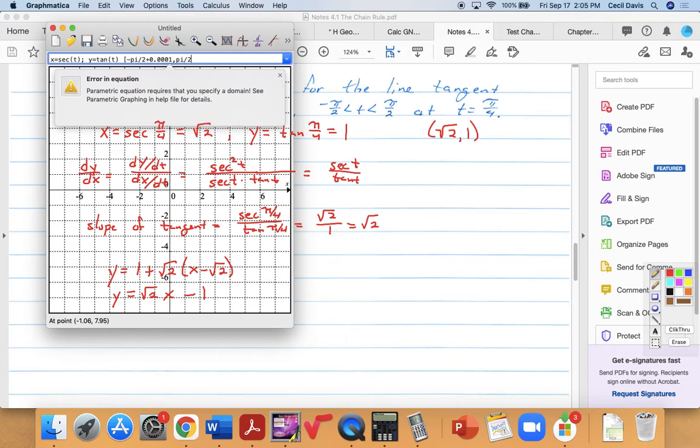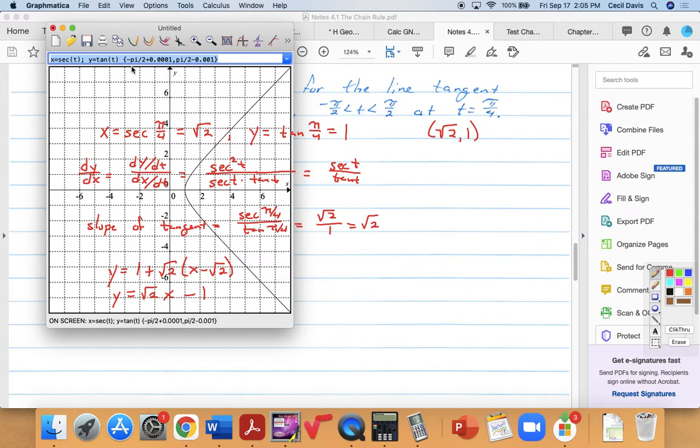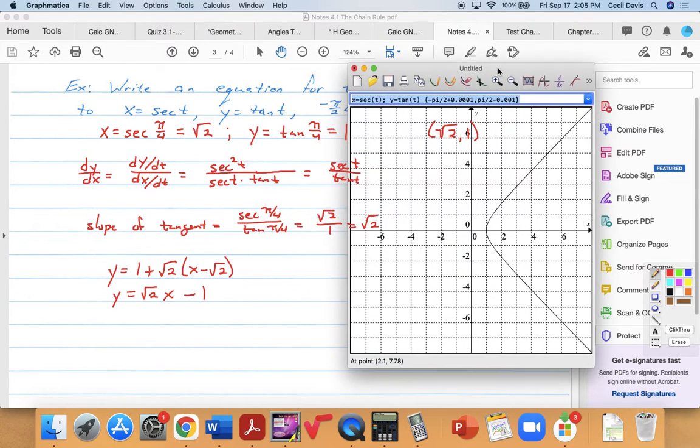Pi divided by 2 minus 0.001. Now I get to find out if it likes those or not. Doesn't like those. Must be these. Ah, there it is. Fairly boring graph. It's kind of a V-shaped U.